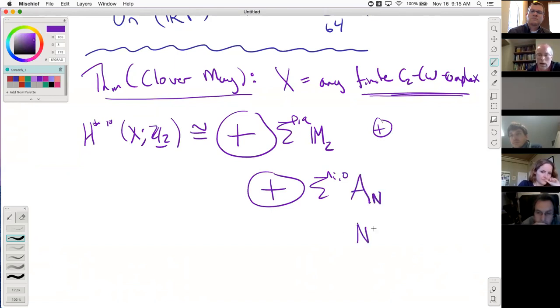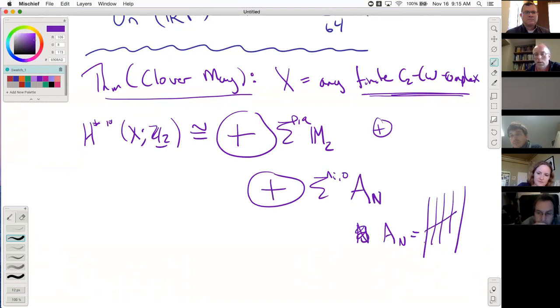And remember, AN is just this picture. It's the cohomology of an antipodal sphere. Okay. So those are the only things that ever appear. And the reason ends up being pretty interesting. So let me tell you the story, because it's kind of a neat story.